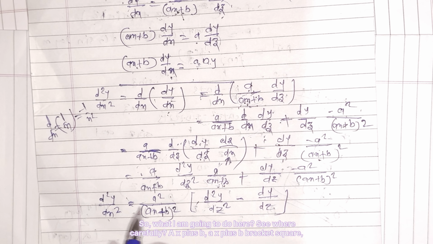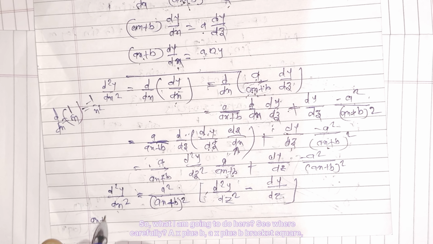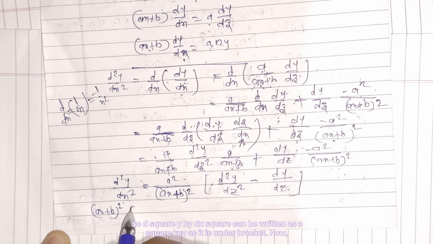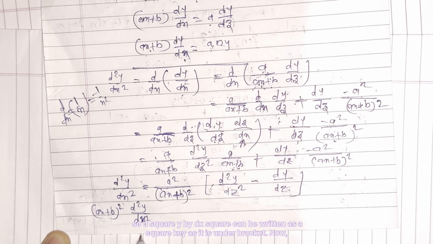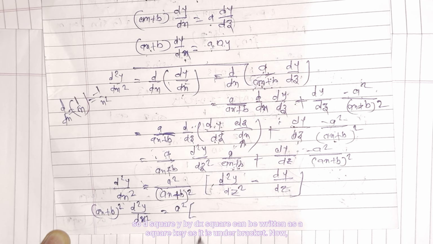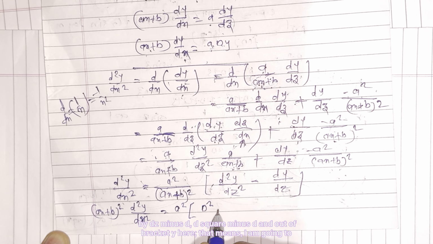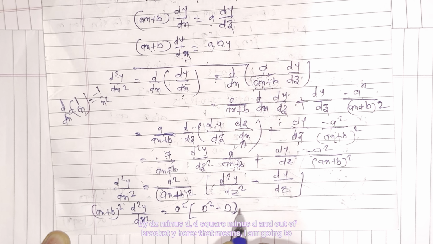So what I'm going to do here, see very carefully, (ax plus b) bracket square, d square y by dx square can be written as a square, keep as it is, under bracket. Now d square y by dz square means d square minus d, and out of bracket y.